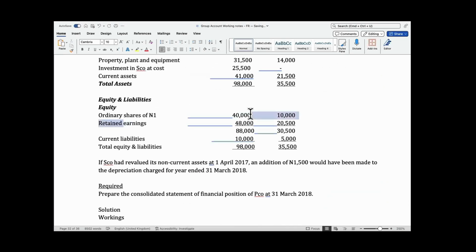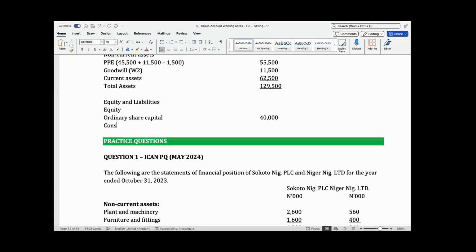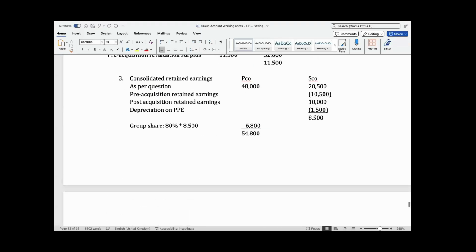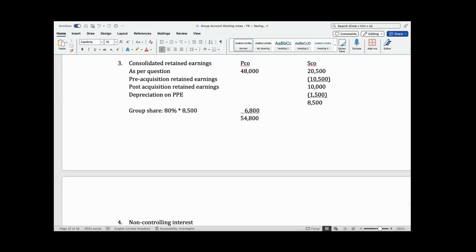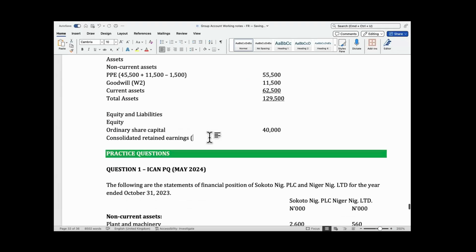Retained earnings. I have my consolidated 48,000, workings what? Workings 3, that's 54,800. Workings 3.